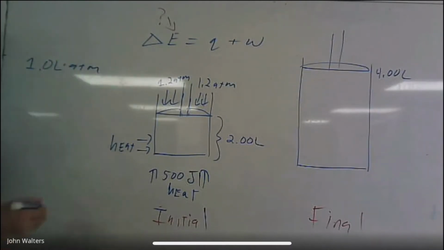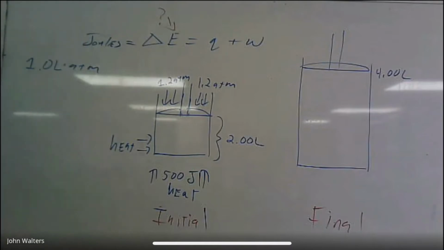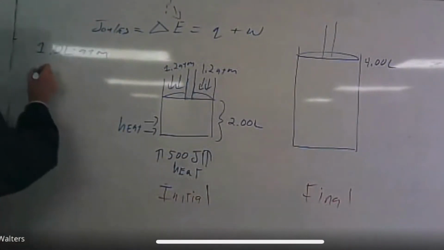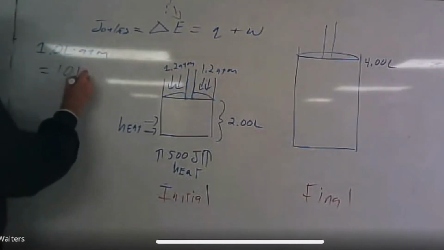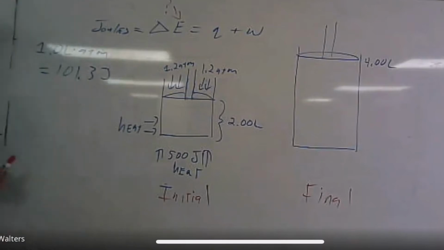We want our final answer in joules here. So we want joules, and so we need this conversion. Notice 1 liter atmosphere equals 101.3 joules.